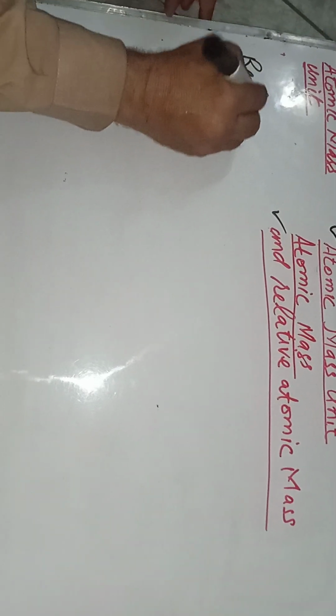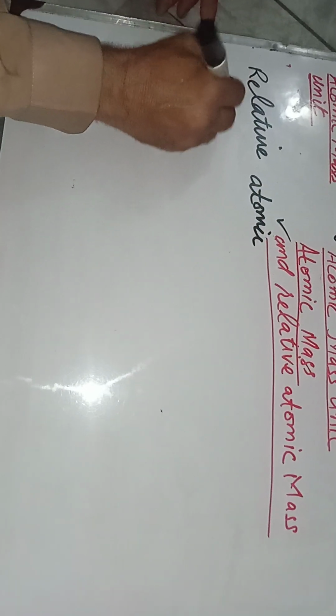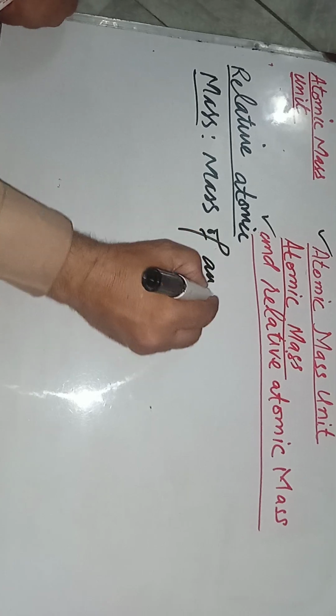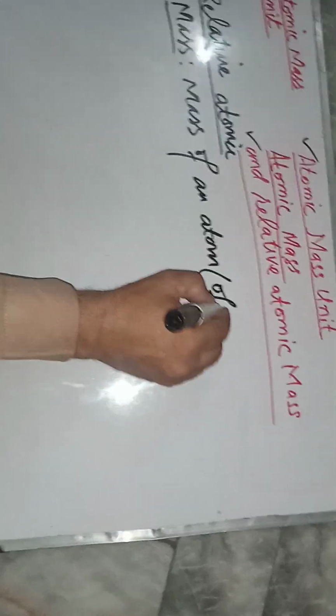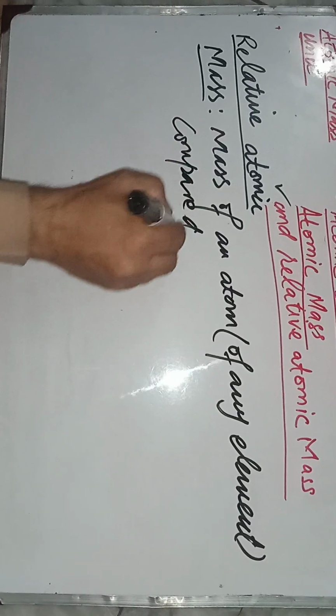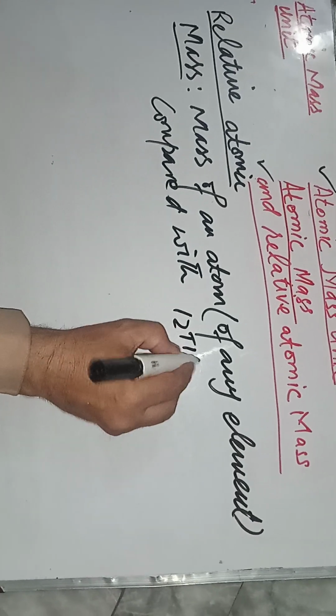Relative atomic mass is the mass of an atom of any element compared with the 12th of the carbon 12.